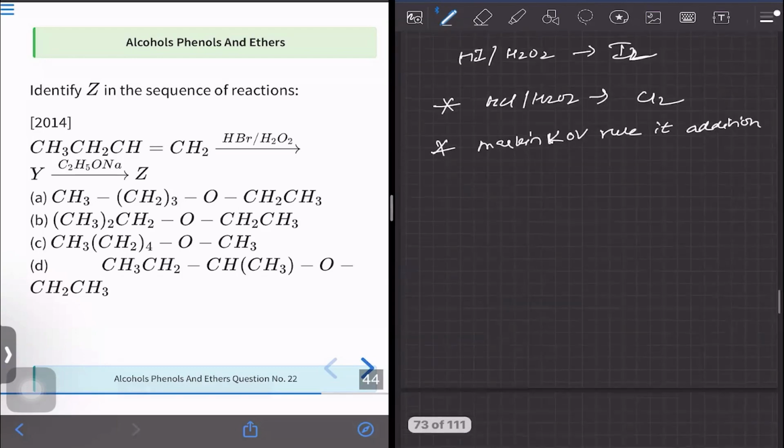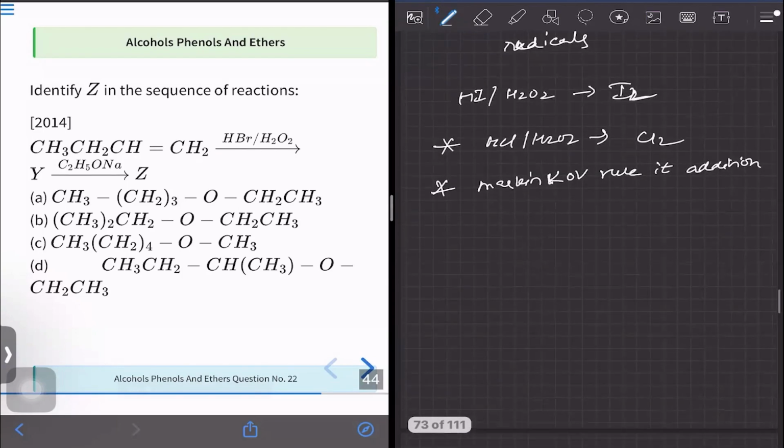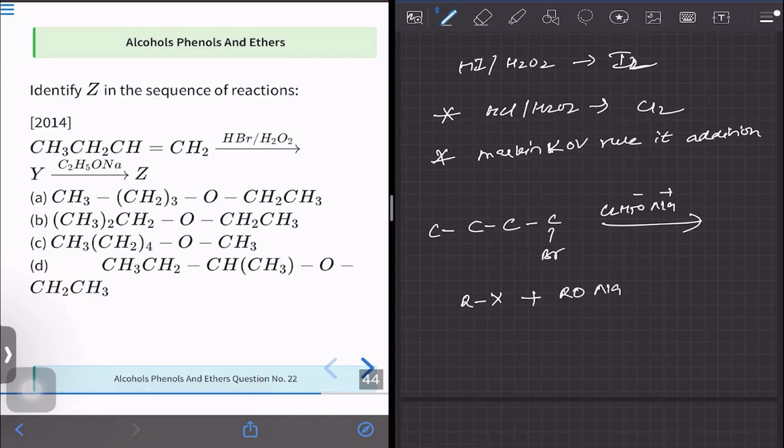They're asking what takes place after this when it reacts with C2H5ONa. Whenever it reacts with C2H5ONa, here C2H5O is negative and Na is positive. We know that whenever a primary halide reacts with RONa, it forms RO minus and Na plus, R positive and X negative, and it forms ether.